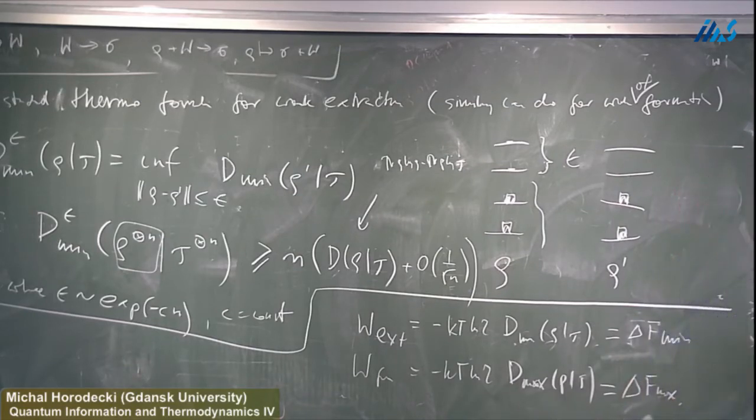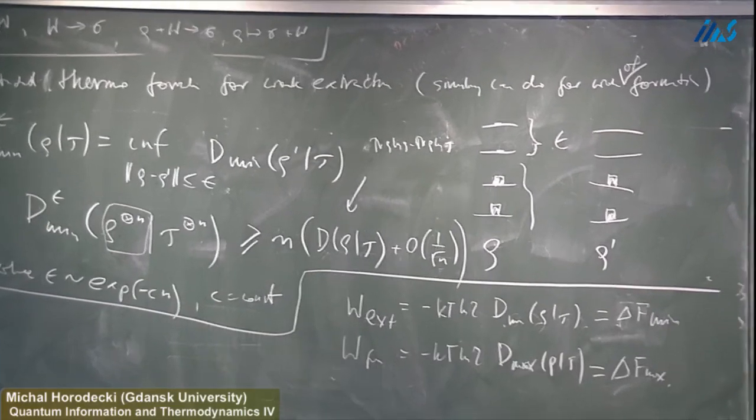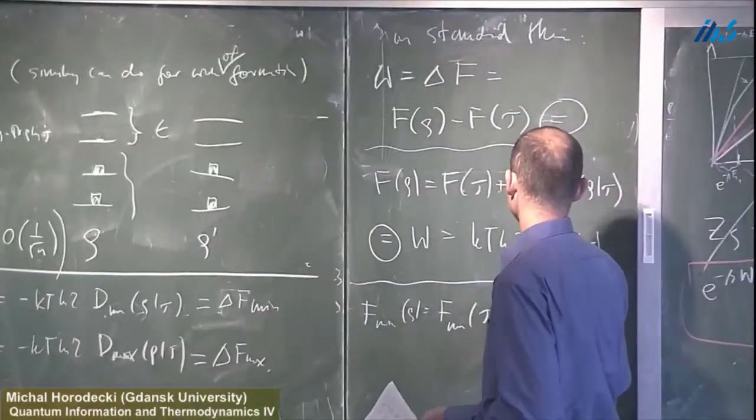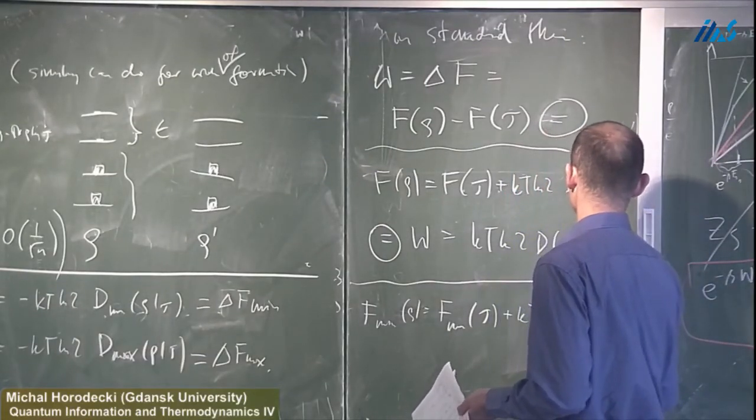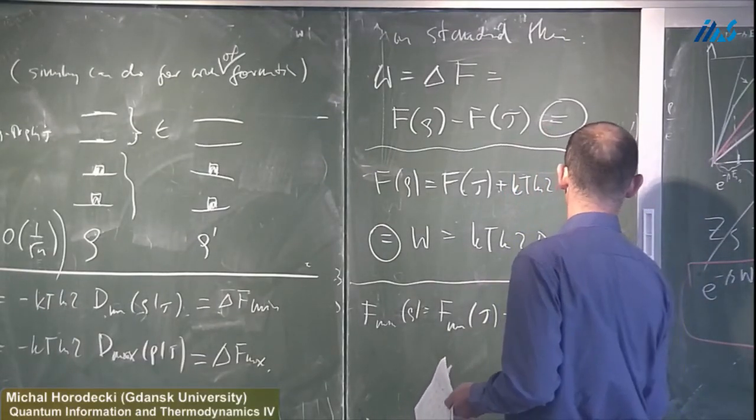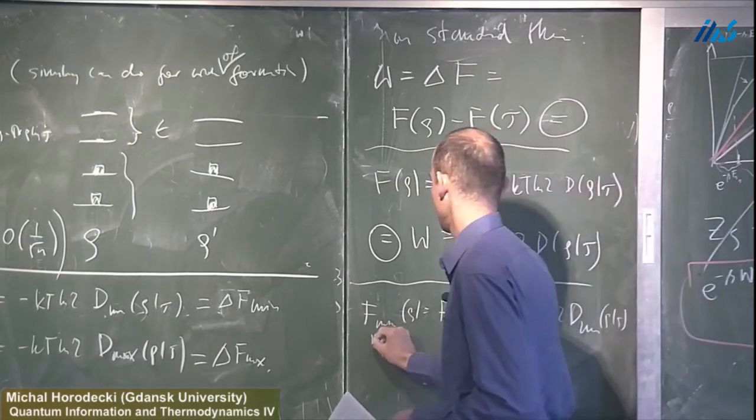The obvious way is that F min of rho is simply F min of tau plus kT times the min relative entropy of rho and tau, and the same for max.